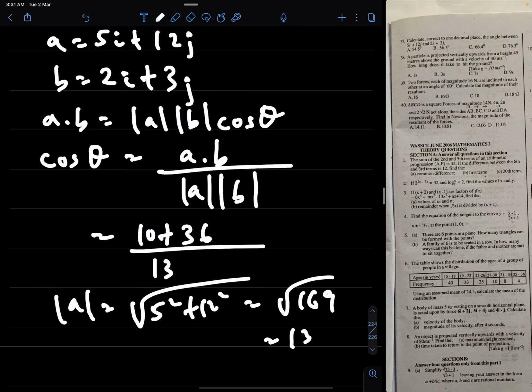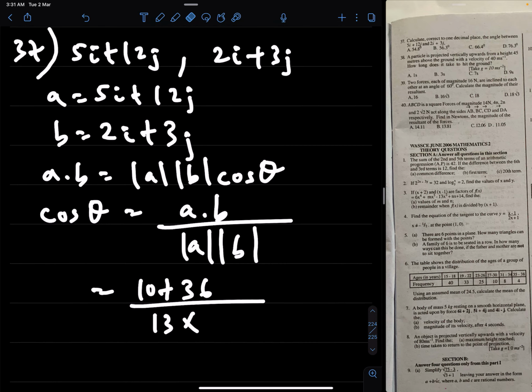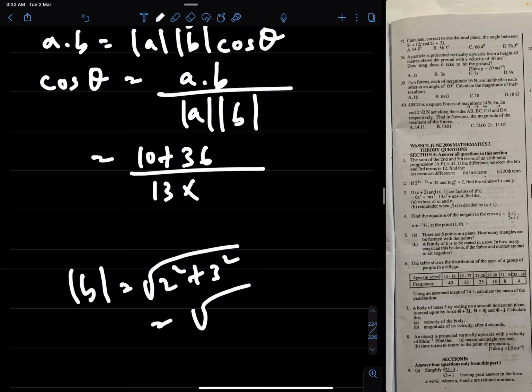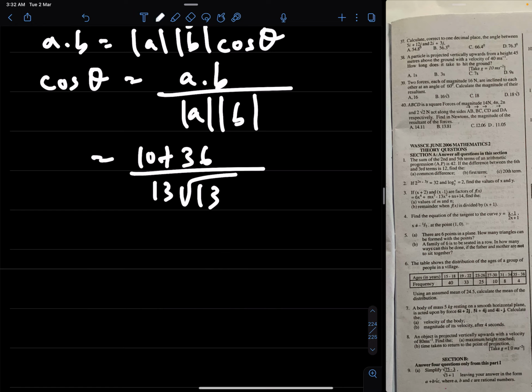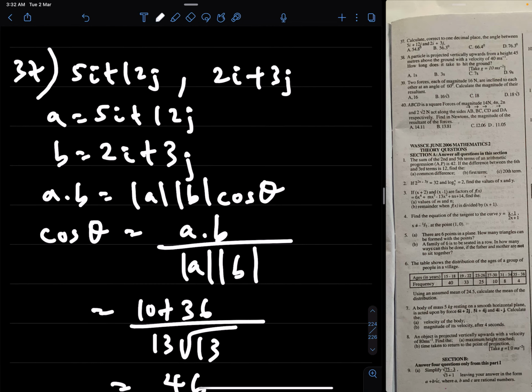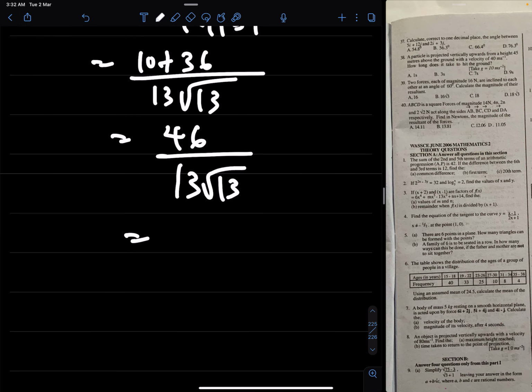So the magnitude of A is 13, times the magnitude of B, which is the square root of 2 squared plus 3 squared, the square root of 4 plus 9, 13. So the denominator is 13 root 13. And then this is going to become 46 over 13 root 13. That's correct. 10, 36, 46. So what does that mean? That means cos theta.